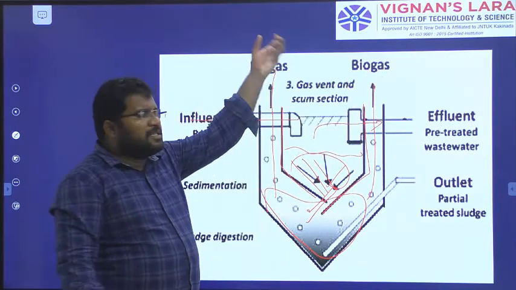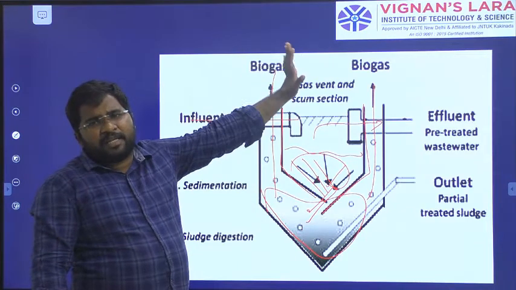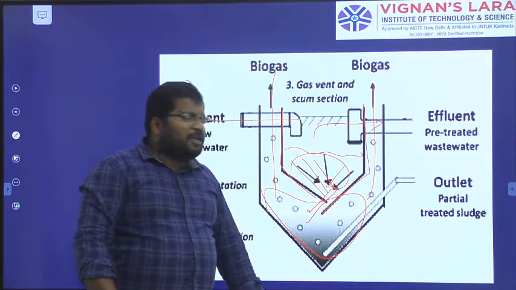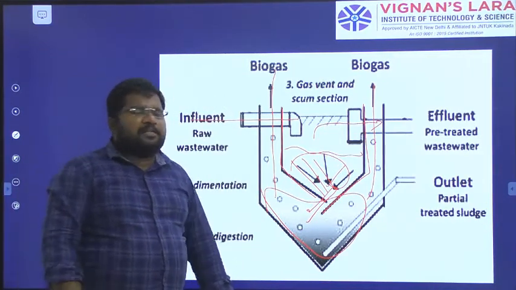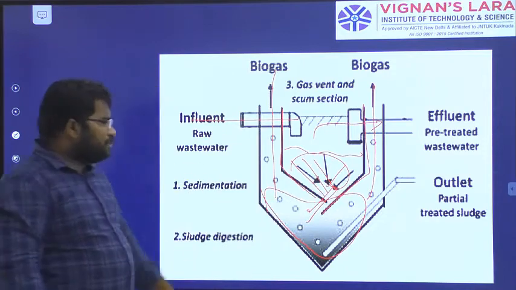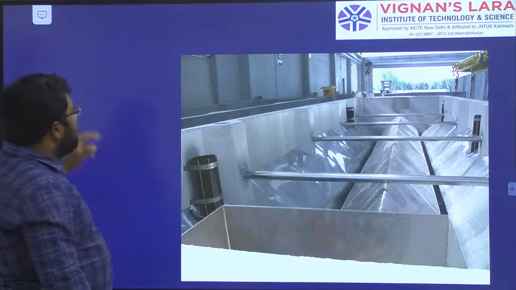The gases are released into the atmosphere through the gas vents, and the digested sludge is taken out by the outlet for partially treated sludge. This is the working of the system.